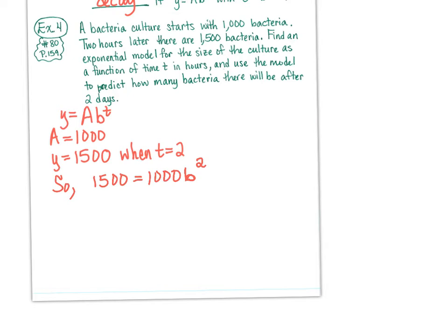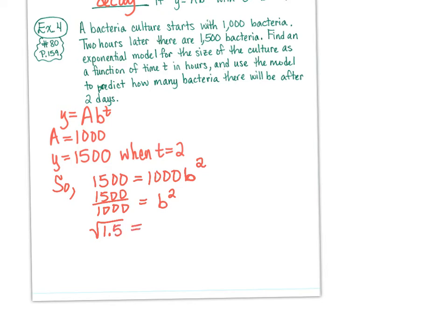Okay? Now we can solve for b. So 1,500 divided by 1,000 is equal to b squared. Then we take the square root of both sides. So the square root of 1,500 divided by 1,000 is what? 1 point what? 5, good.